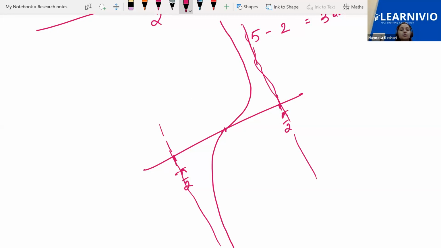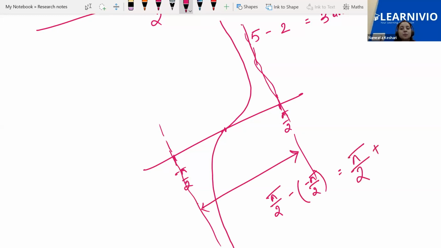This is how the graph looks, and we are finding the length from minus pi by 2 to pi by 2. So right side number minus left side number. If that is negative, we need to take the sign along with the subtraction sign. So pi by 2 plus pi by 2, that is pi.